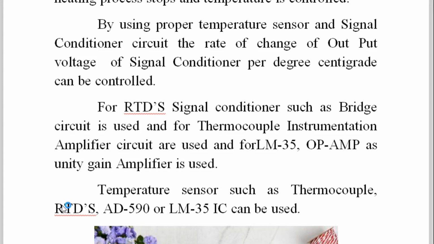Standard piece means the size of the platinum material shows 100 ohm resistance at 0 degree centigrade. That's why it is called PT100, and PT100 is one of the best examples of RTDs. Platinum is a metal, and therefore when you heat the platinum, its resistance increases. Therefore RTDs have a positive temperature coefficient, and in this way this is an on off controller.